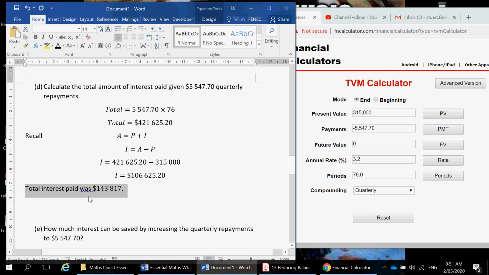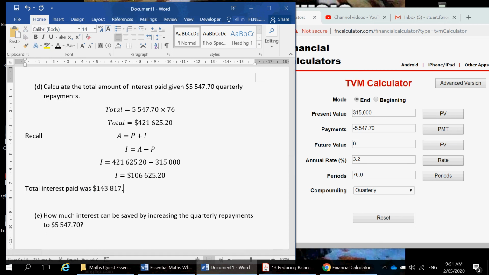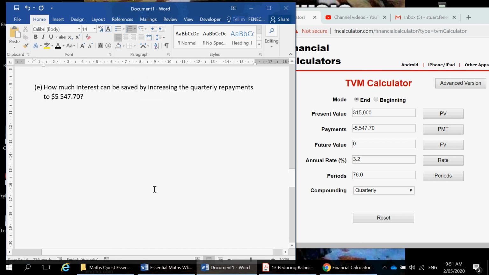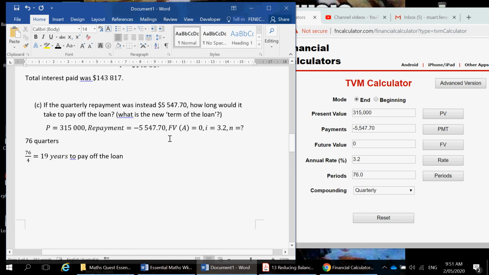Now, right. So I just need to copy that. And the big question becomes, the final question, how much interest can be saved? So the original amount of interest that we were paying on that original quarterly repayment, we worked that out earlier.